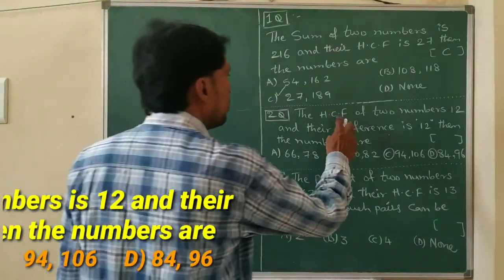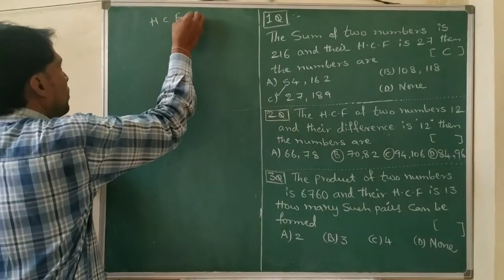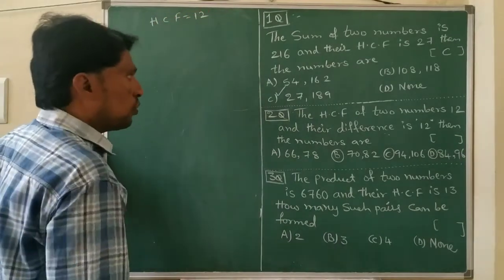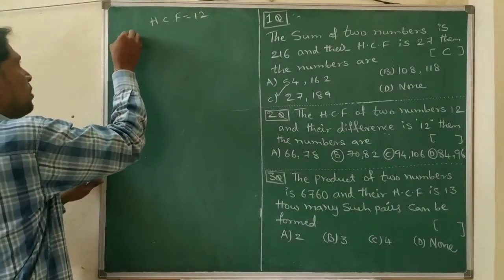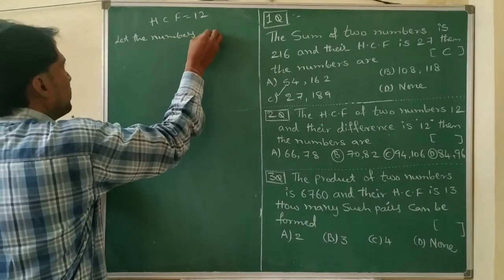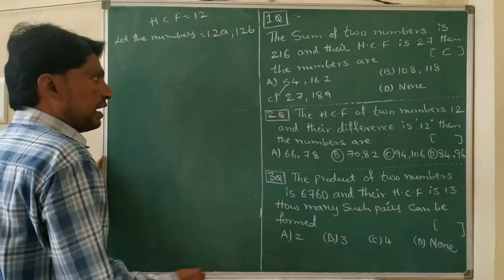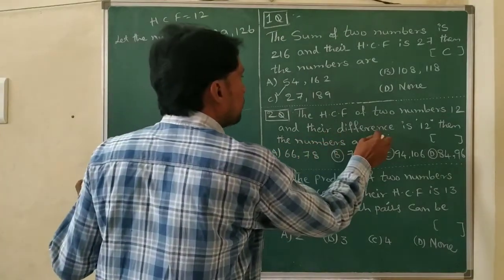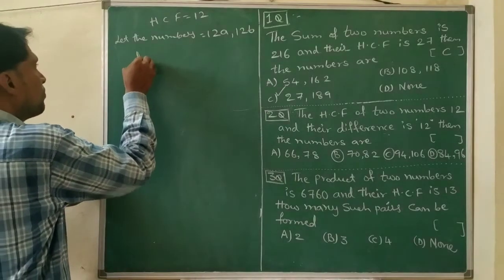So here HCF is given, HCF equals 12. So let the numbers be 12A and 12B. And the difference of the numbers is 12.